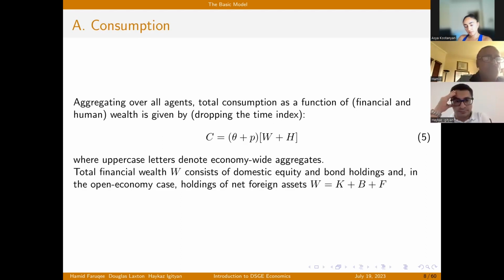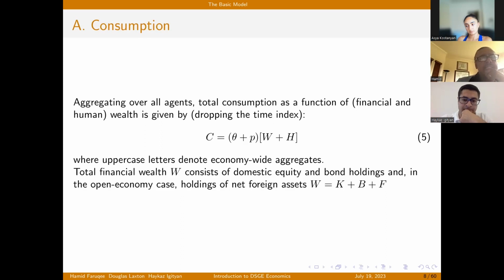Here we're aggregating consumption over all the generations, all those S's, and then deriving aggregate consumption, which is a function of aggregate financial wealth and aggregate human wealth. Those are denoted here with the capital W and the capital H.